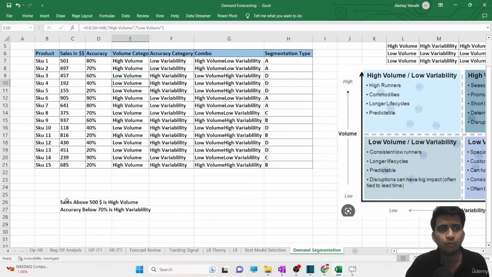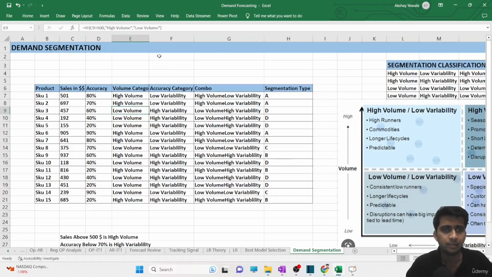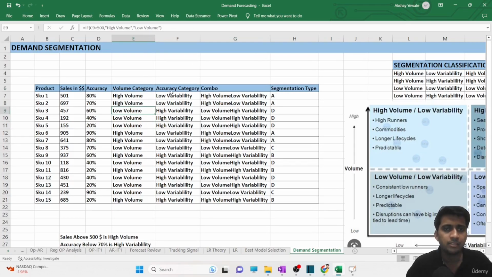If you come to the formula, anything above 500 is high volume and below that is low volume. Then there is the accuracy or variability category. Anything that has forecast accuracy less than 70% is highly variable, and if accuracy is greater than 70, then it is low variability.